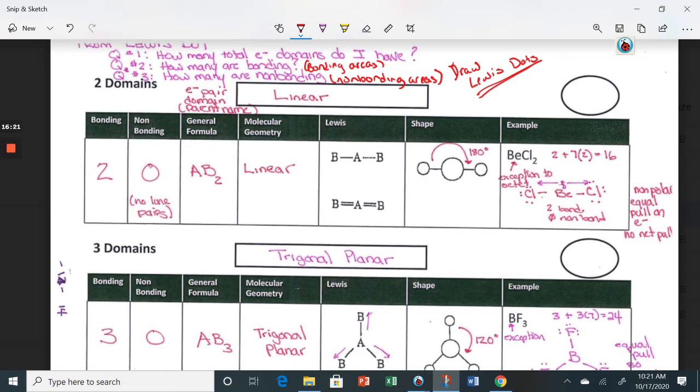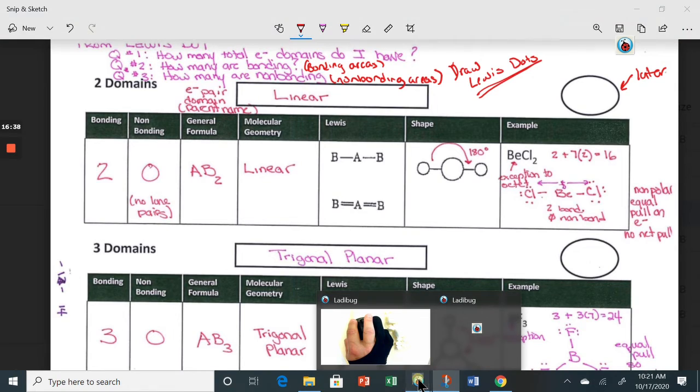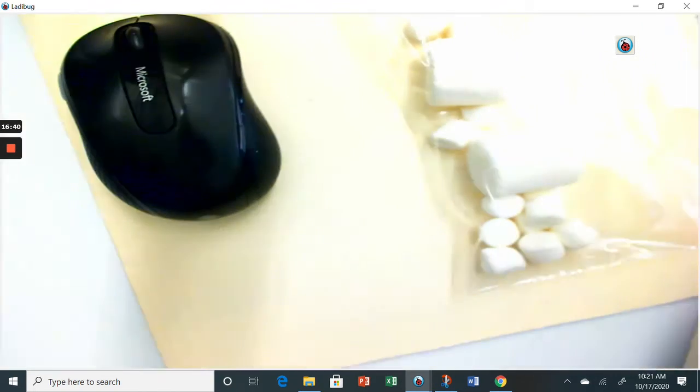So as we go through this, and we're going to get to this later, this comes later when we talk about this thing called hybridization. Right now I want you to focus on just geometry and looking at how do I get this. So I'm going to use, and you can do this at home, if you can use the mole view, but I'm using just marshmallows.